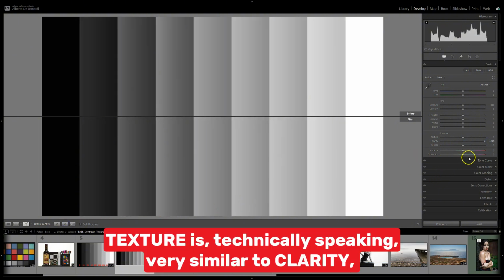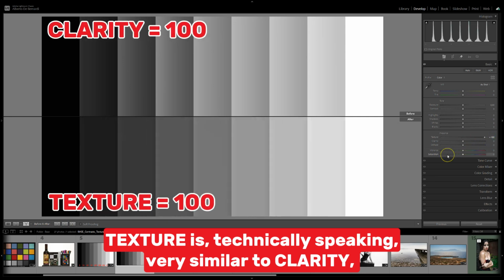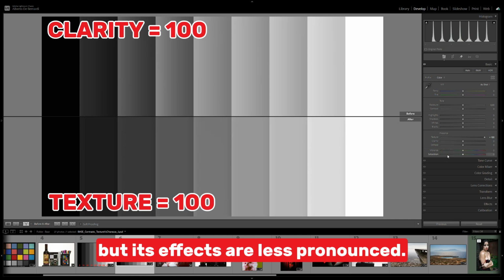Texture is, technically speaking, very similar to clarity, but its effects are less pronounced.